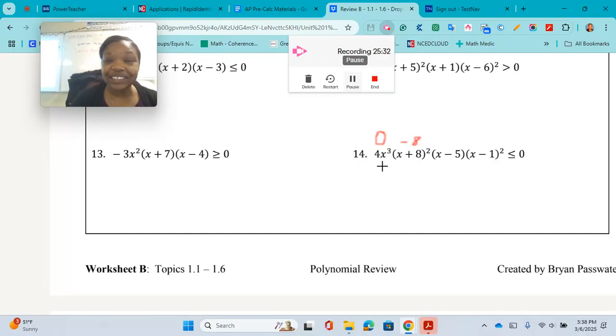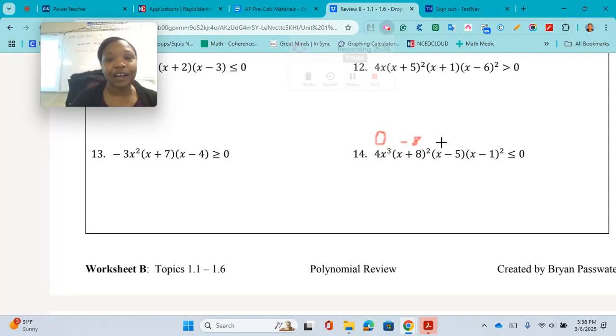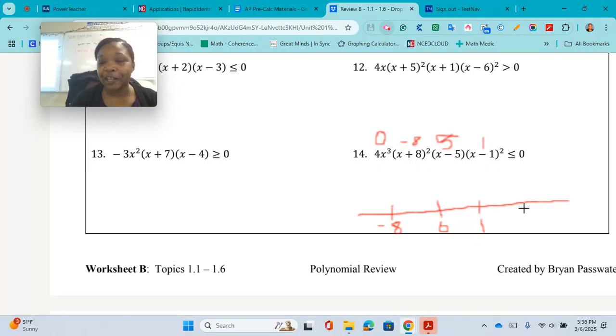So we have a 0, a -8, a +5, and a 1. We put it on the number line: -8, 0, 1, and then 5.